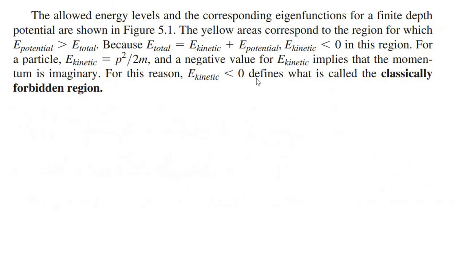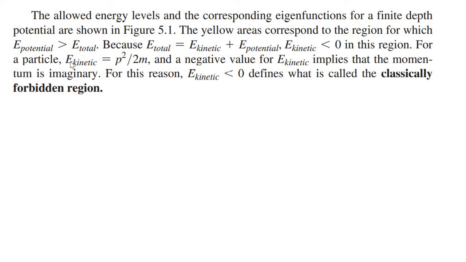Now one more thing: the allowed energy levels and the corresponding eigenfunctions for a finite depth potential are shown in the figure. The yellow areas correspond to the region I have already mentioned, the classically forbidden region, where E potential is greater than E total.